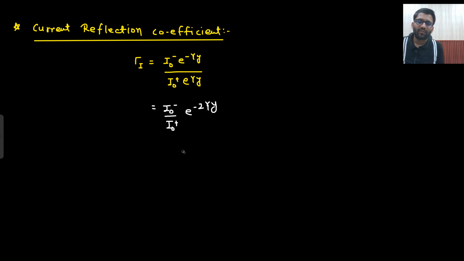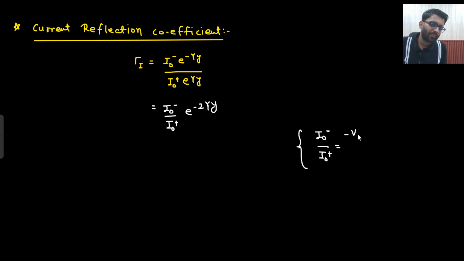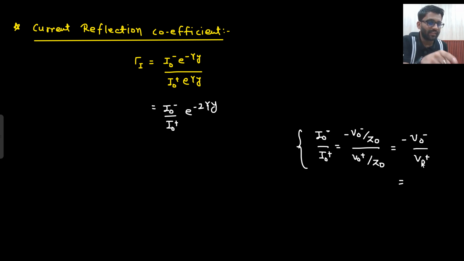What I am calculating is I0 minus divided by I0 plus. So what is your I0 minus? Minus V0 minus divided by Z0, divided by V0 plus divided by Z0. So what you are getting is minus V0 minus divided by V0 plus. And what is the value of V0 minus divided by V0 plus?